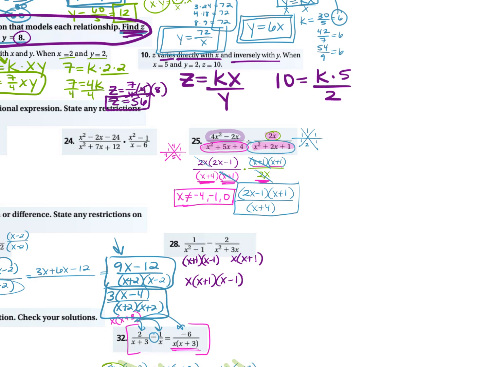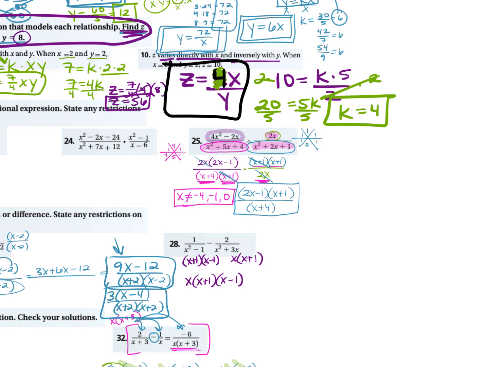And then solve for k. So I would multiply by 2 to get this out of there. So 20 equals 5k, and then divide by 5. So k is going to be 4 on that one. So get rid of the k and drop in a 4 instead. So this is your specific equation.